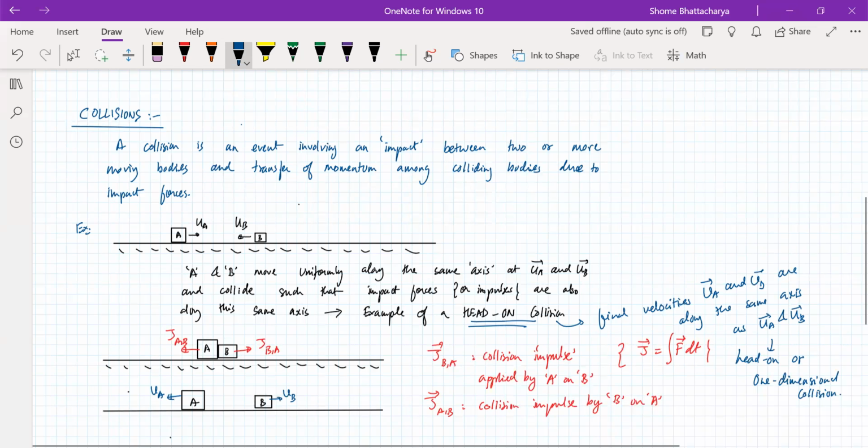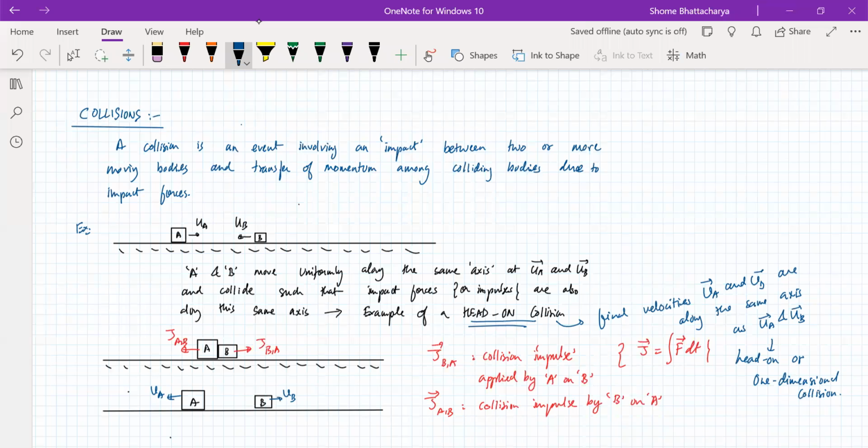Okay. So this is just one example of a collision event. Okay, there are many other different types of collisions that can occur, but in general, any event where two or more bodies, moving bodies, are colliding with each other or making an impact on each other, such that they transfer momentum among themselves due to collision forces or impulse that acts.